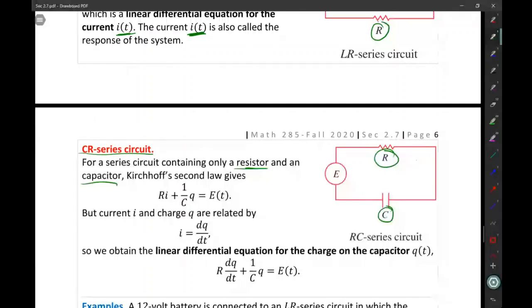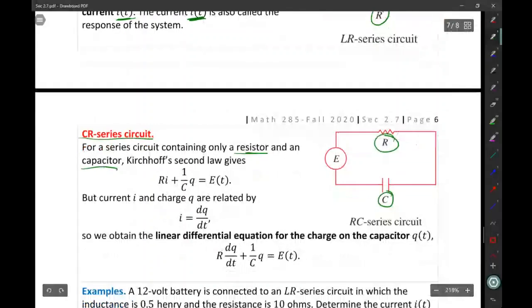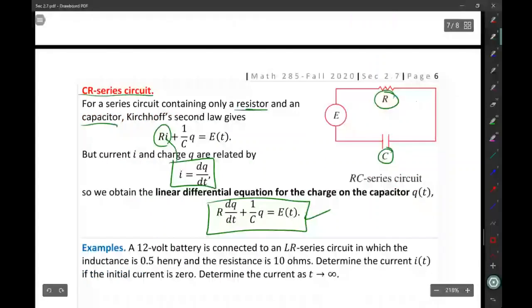But the current I and charge q are related: I equals dq by dt. So when you substitute it here, it becomes R times dq by dt plus 1 by C times q is equal to E of t. Just a very simple and straightforward linear differential equation.